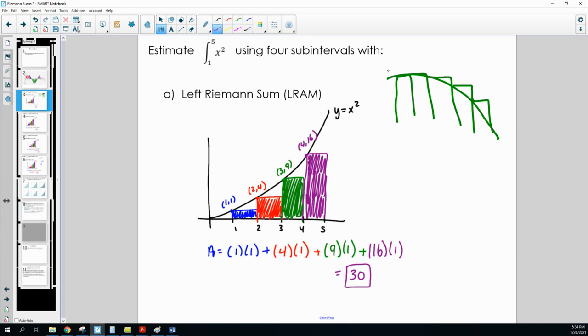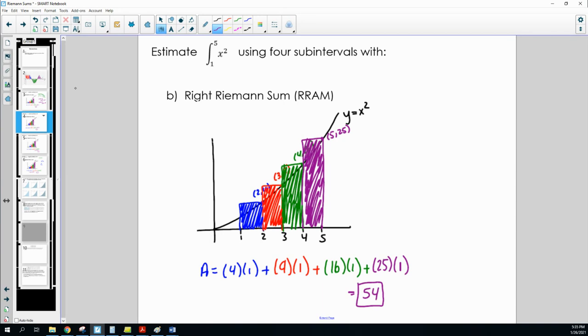So when my function is increasing, my left Riemann sum is going to be an underestimation. So I'm just going to write under. And if it's decreasing, then my left Riemann sum is going to be an overestimation.